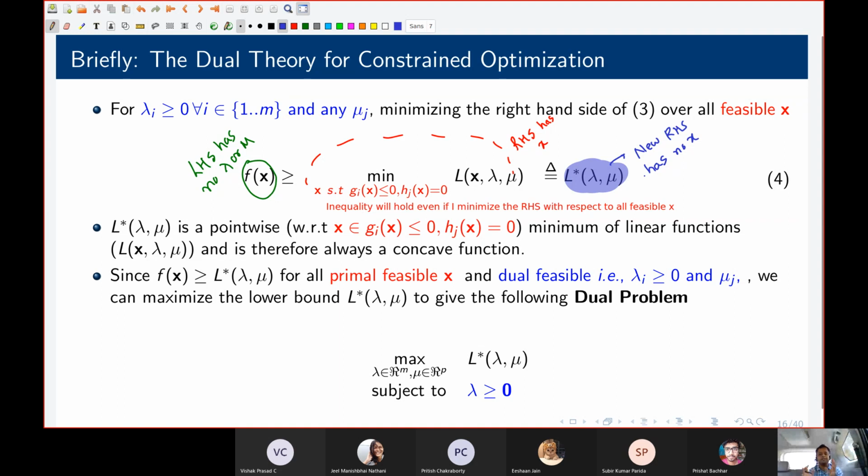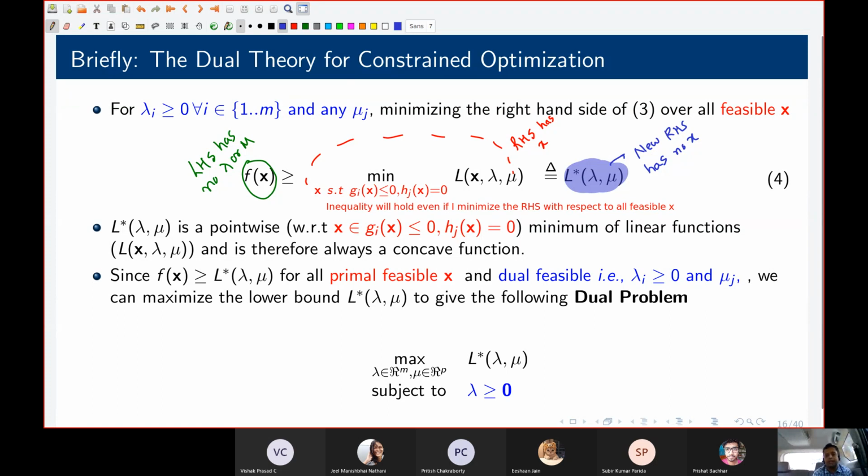So now we have something interesting. What happens if you tighten the gap? What if you make the LHS minimum with respect to x and the RHS maximum with respect to lambda, mu? That's the basic idea.